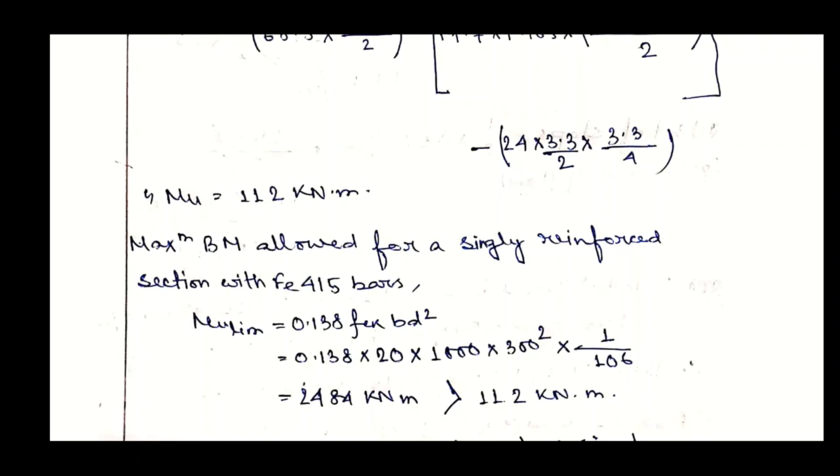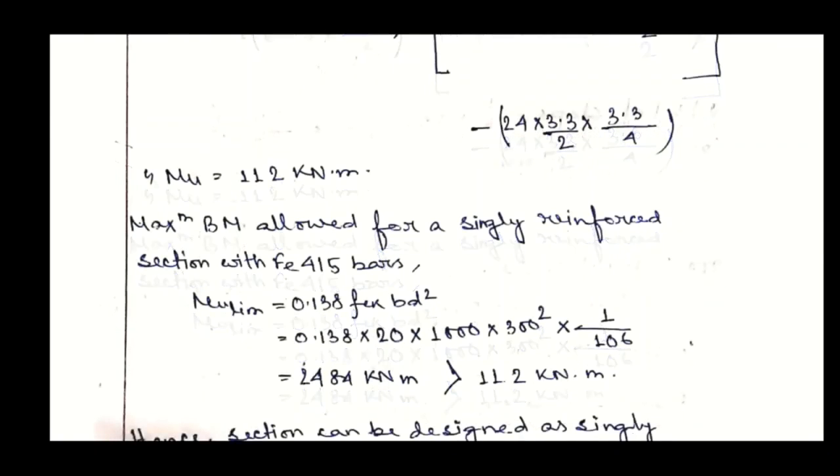So except fck bd square, the other portion, if we calculate for Fe 415 bars, that will be 0.138. So this is 0.138 fck bd square. So 0.138 into fck is 20 into 1000, that is b, into d square is 300 square into 1 by 10 to the power 6 to change the unit.